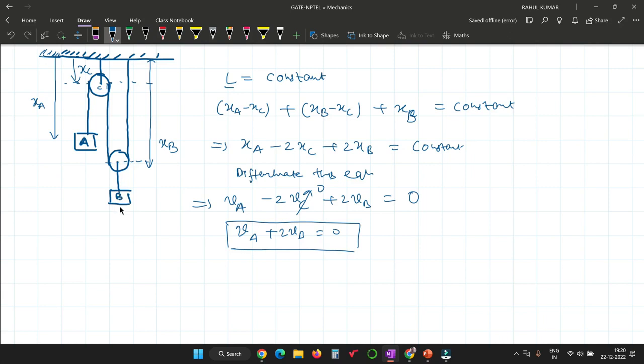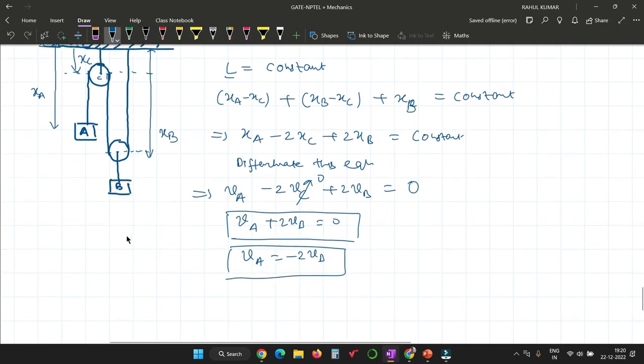If block B is moving VB in the downward direction, then block A will be moving 2 times VB in the upward direction, because VA is minus 2 times VB. So this block is moving downward, then this block has to move upward, but with 2 times the velocity of this block.